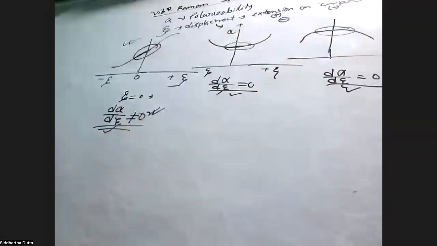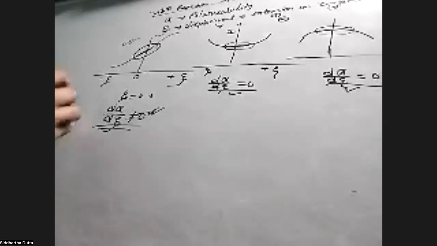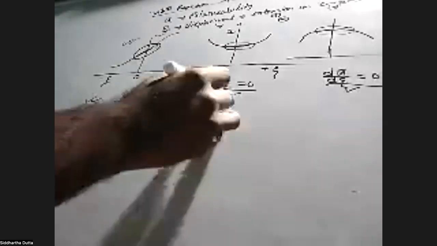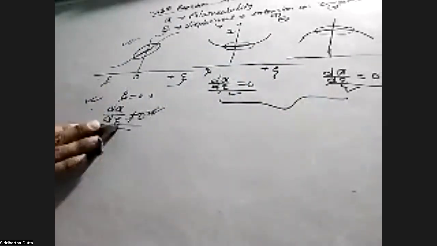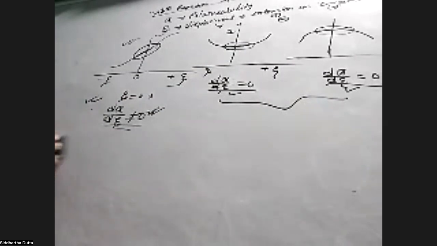As the slope near the equilibrium position is 0, these two, bending and asymmetric vibrations, are vibrational Raman inactive. So from here we can understand the symmetric stretch is vibrational Raman active, but not the other two.